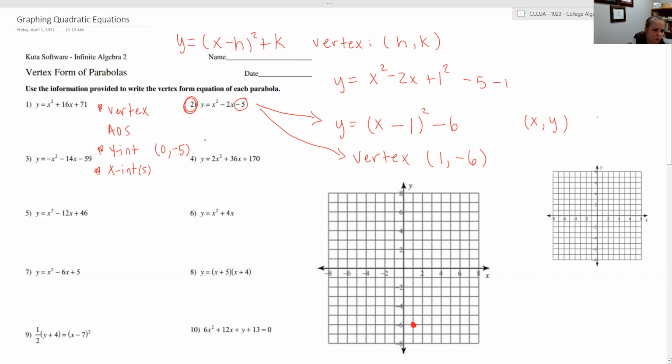The way we find y-intercepts is we set x equal to 0 and solve for y. So when x equals 0, those two terms go away, and I'm left with just y equals -5. So my y-intercept is the point 0, negative 5.